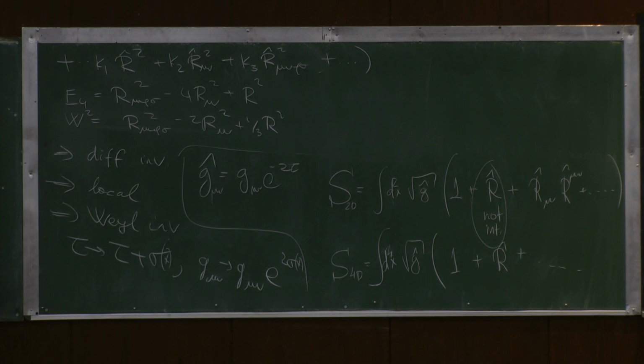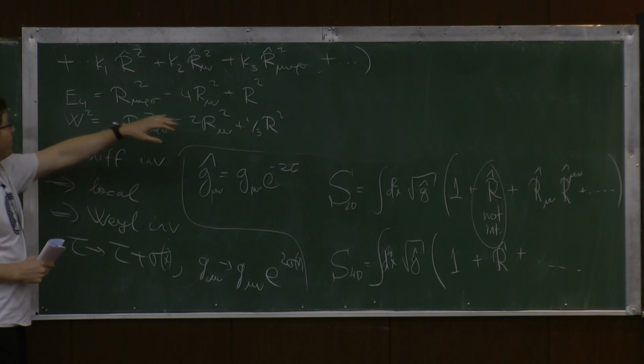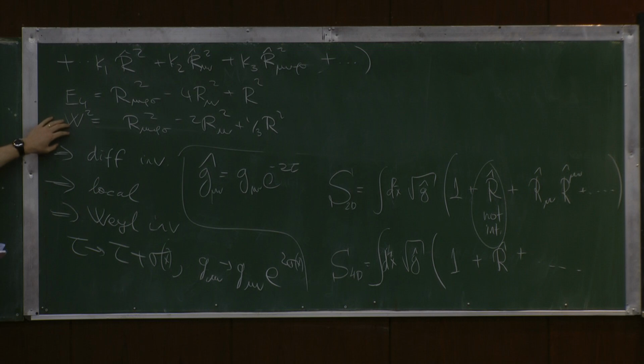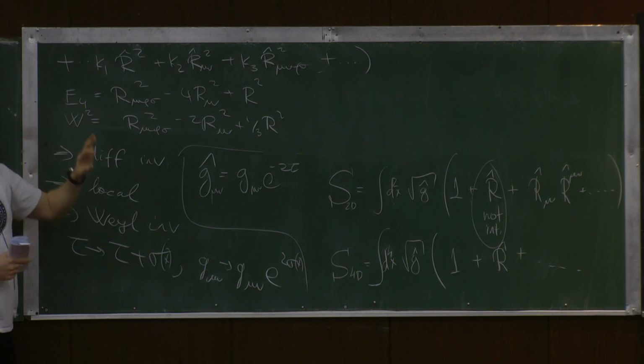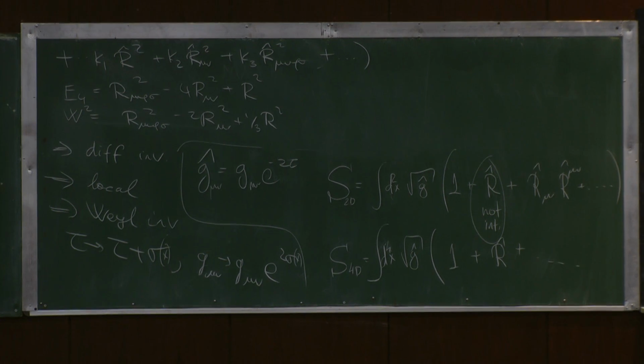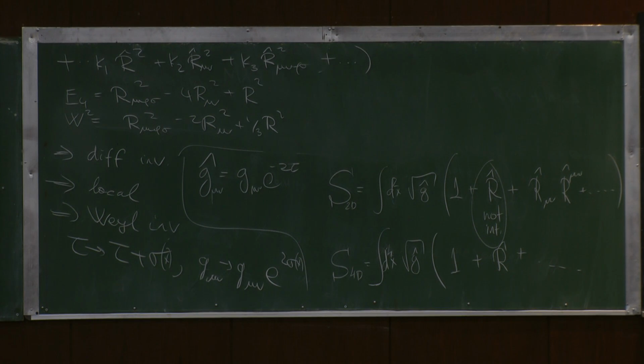Now I'll tell you the next step. Instead of using this basis, you use a basis that includes E4, Weyl tensor squared, and Ricci squared. You can switch to this basis because the coefficients are not proportional to each other.